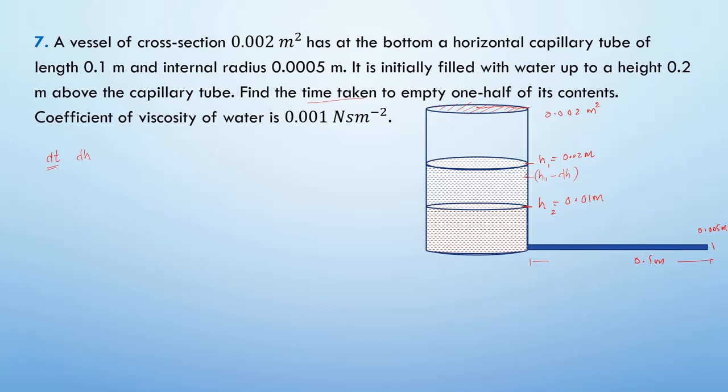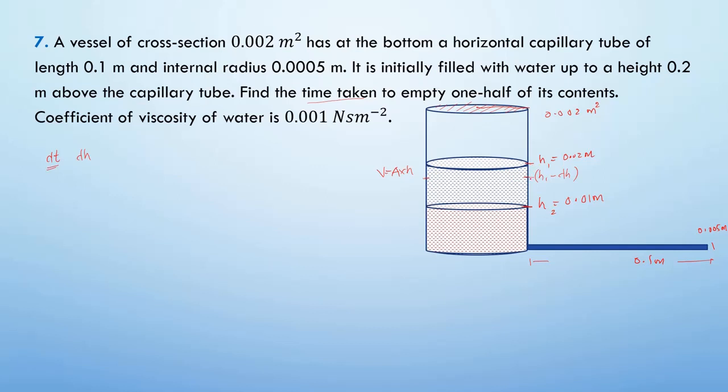When the height is decreased to h1 minus dh, the volume of water decreases. That is, the volume of water which flowed out will be equal to the area of cross section into height. I repeat, let a time dt, and let the height difference that occurred in the time dt be dh.